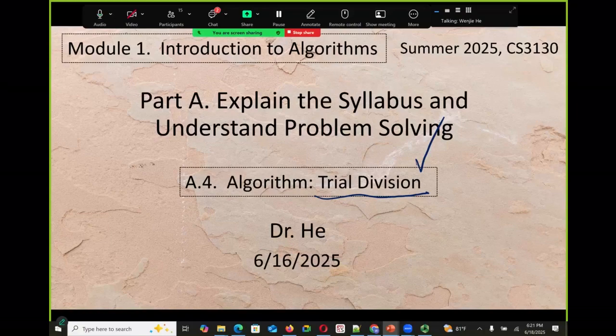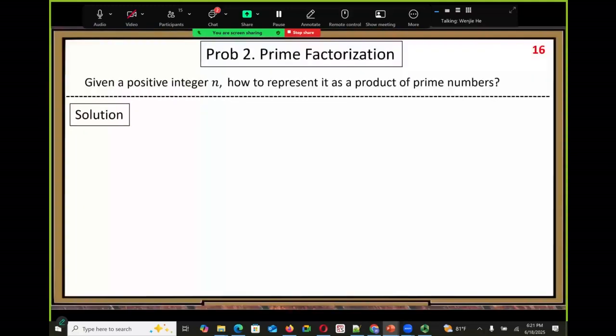Not the sieve of Eratosthenes algorithm. You don't need to write that algorithm, but you need to write code of this algorithm. All right, so let's look at the solution.